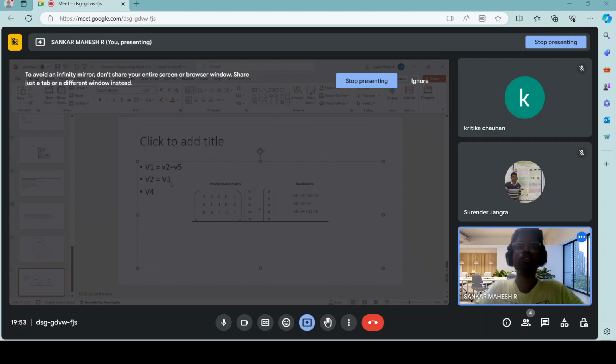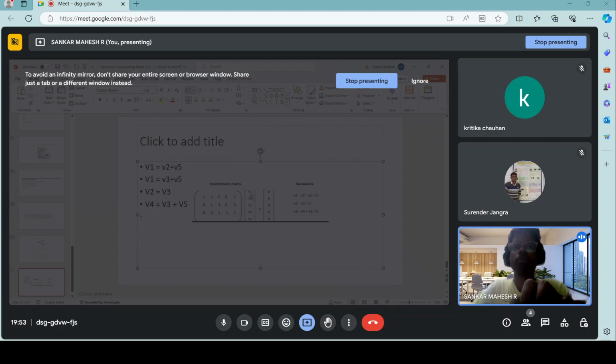V4 is equal to V3 plus V5. Now, because V2 is equal to V3, you can rewrite this equation as V1 is equal to V3 plus V5.